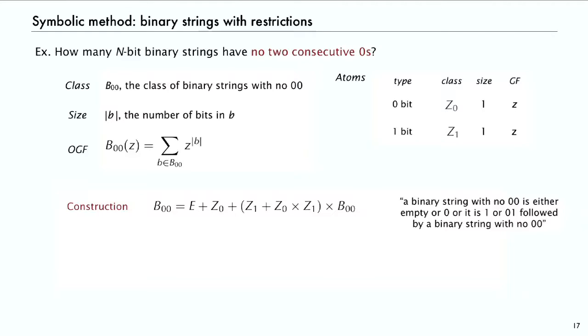Well, a binary string with no 0, 0 is either empty, or it's 0, or it's 1 or 0, 1, followed by a binary string with no 0, 0. And you can check that that's a way to describe the class. You have to think about it a little bit, but it's not too bad. And what's important, though, is that we don't have just an English language description. We have a combinatorial construction.